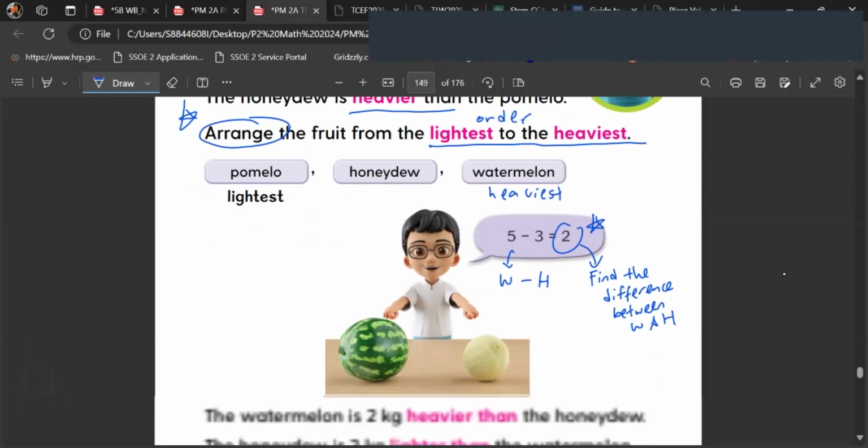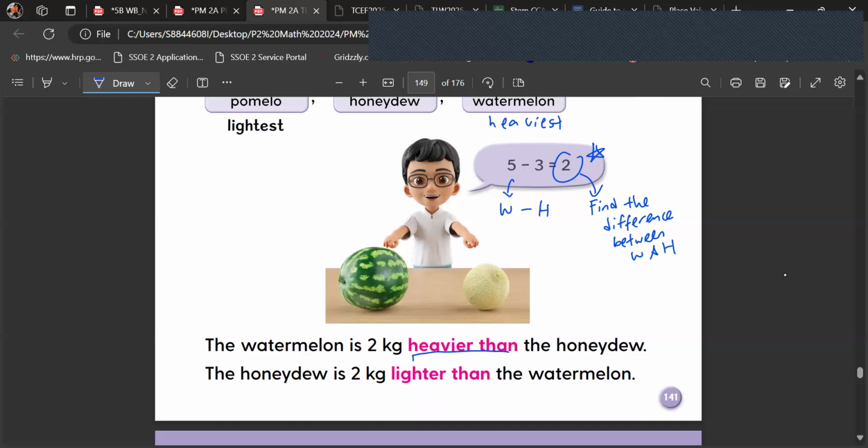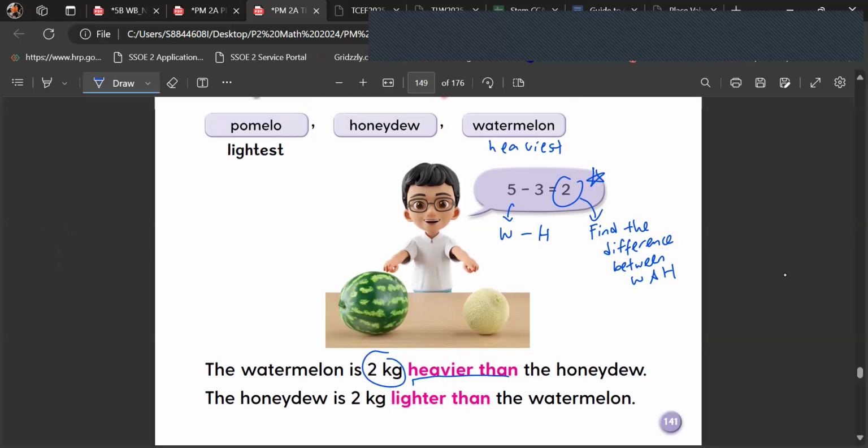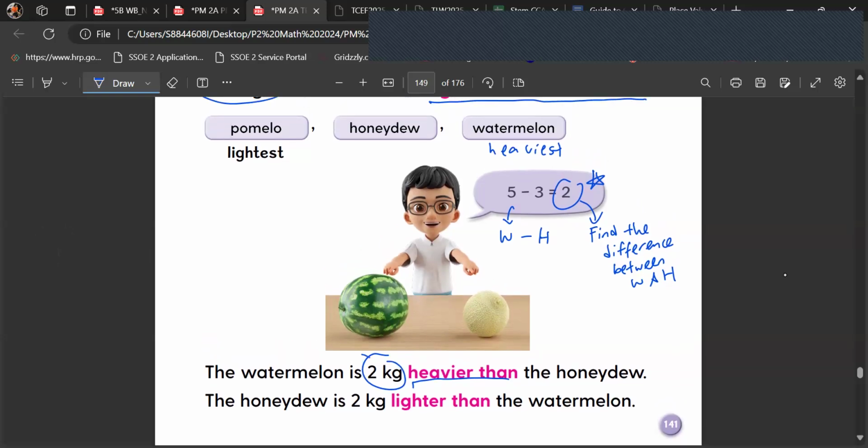So how are they not the same? The watermelon is heavier than the honeydew. And like Pranita said, the number 2 tells you exactly how much heavier.